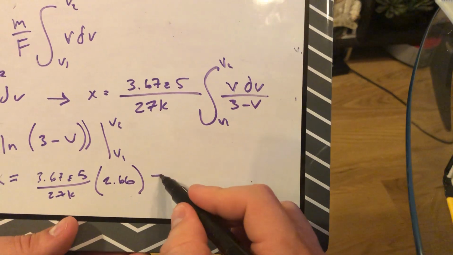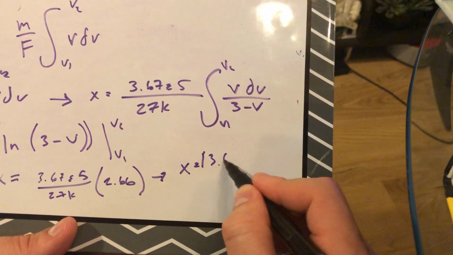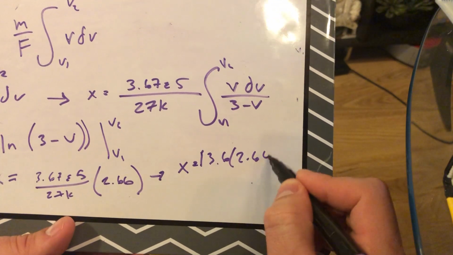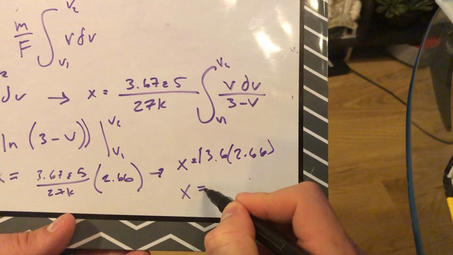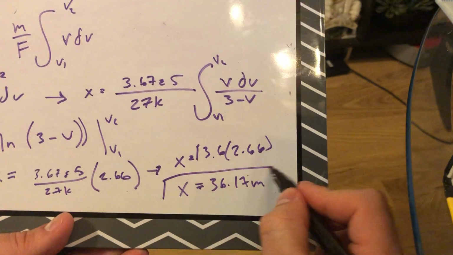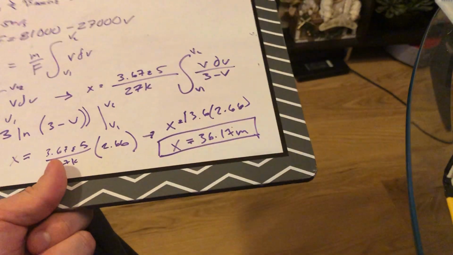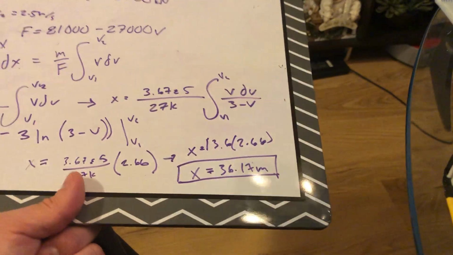So that gives us x times 13.6, 2.66, or a total x of 36.17 meters. It's pretty good. It's pretty fast actually.